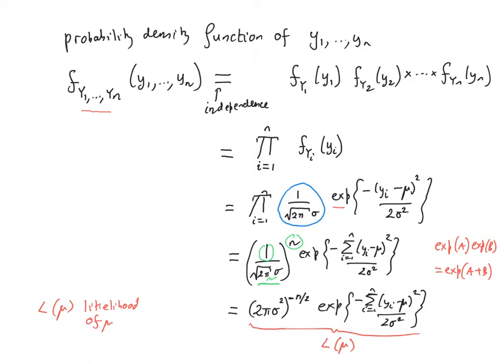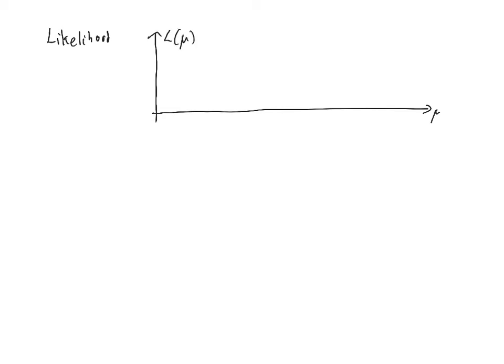Well, let's move on to another slide and draw what the likelihood could possibly look like. So the likelihood could look something like this, or does look something like this. So here you have mu, here you have L of mu, and that function as a function of mu looks a bit like this.